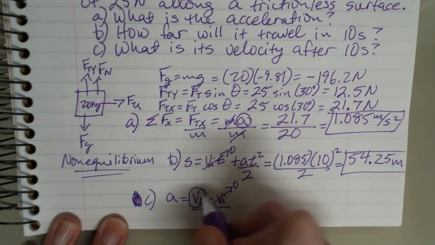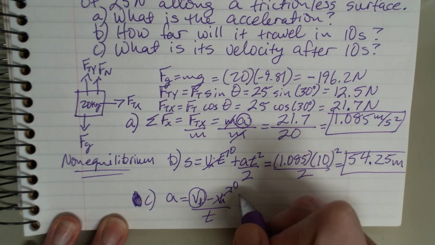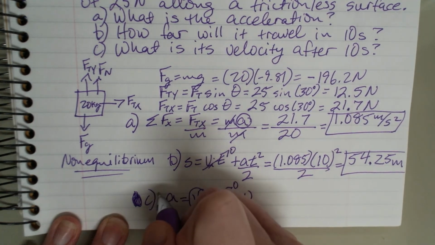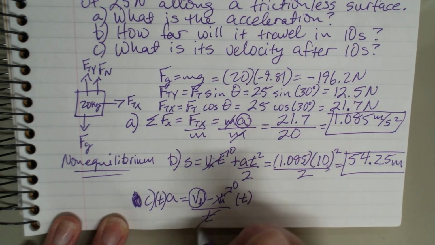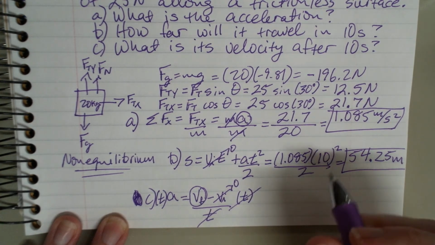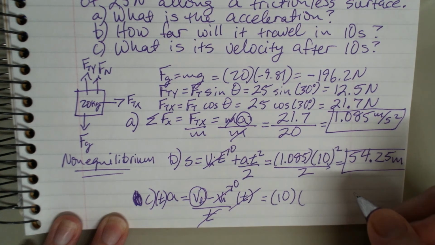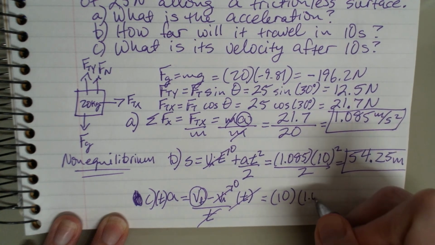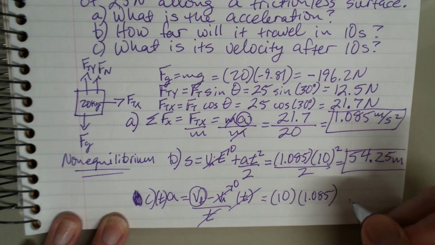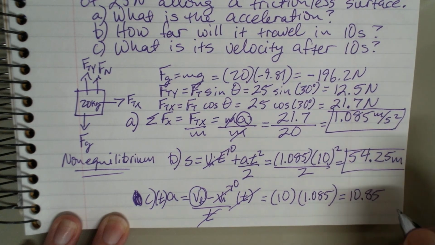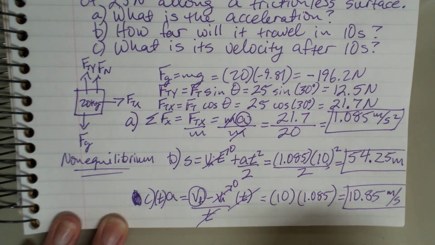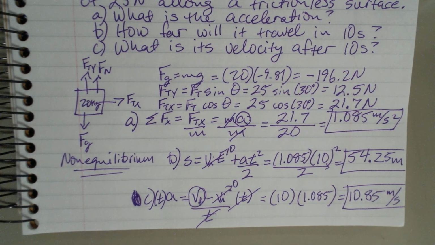So if I want my V final, I'm just going to multiply both sides of the equation by time. So then my V final equals 10 times my acceleration, 1.085, and that would give me 10.85 meters per second. Okay, and that's how you solve an unbalanced force problem.